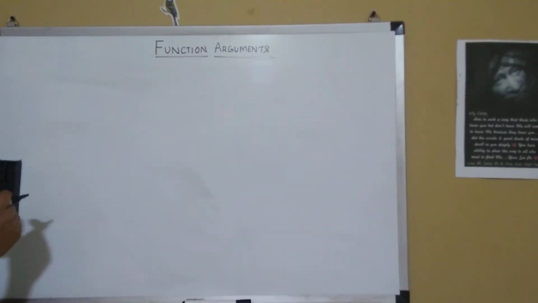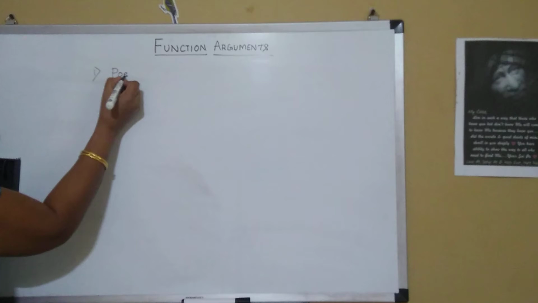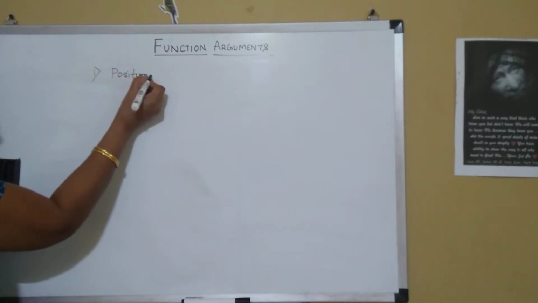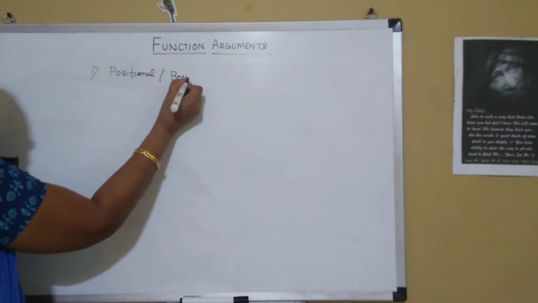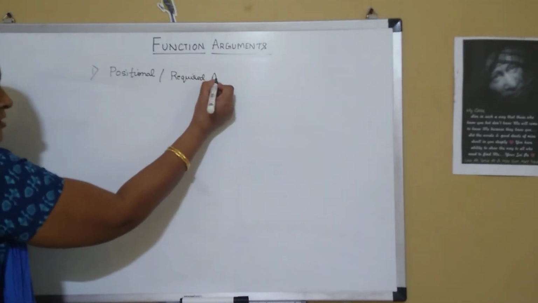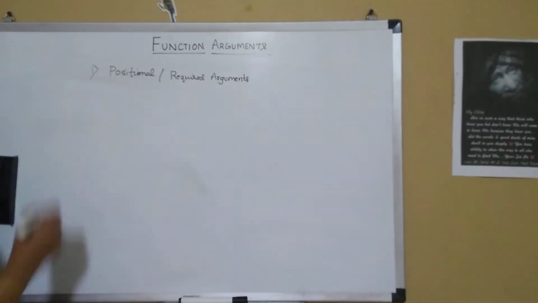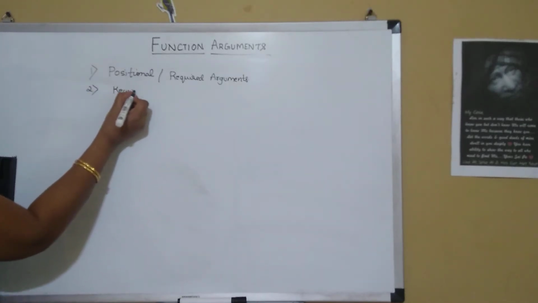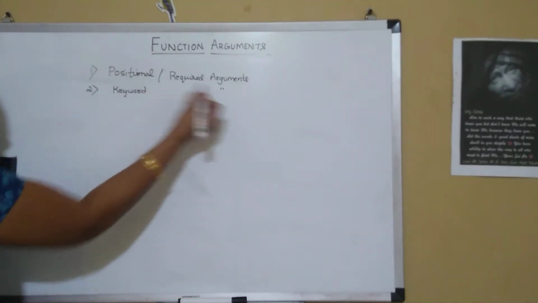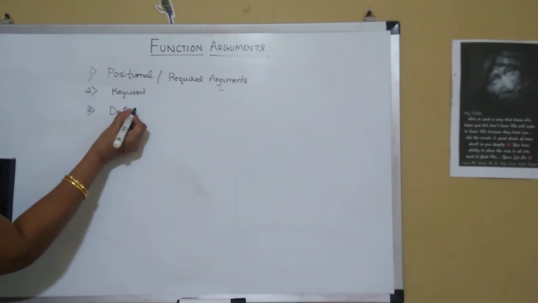So basically there are 5 types of arguments which we can pass to the function. The first one is positional or required arguments. The second one is the keyword arguments. The third one is the default arguments.